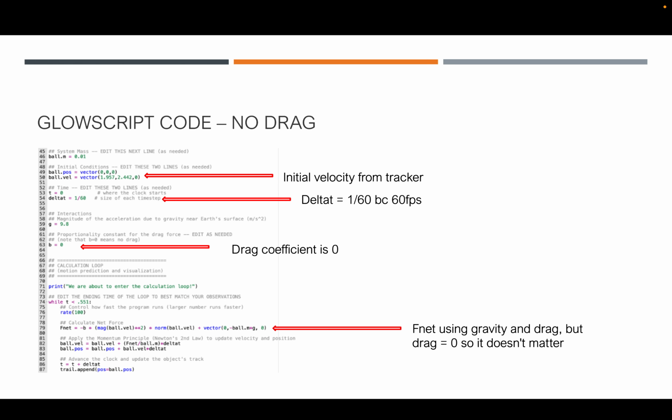I set delta t equal to 1 over 60 because my video was 60 frames per second. Here I set the drag coefficient to 0 because this was the model without drag. And then lastly, I set up the force equation. It utilized the gravity and drag variables, but because drag was 0, the only force acting on the ball in this computational model was gravity.